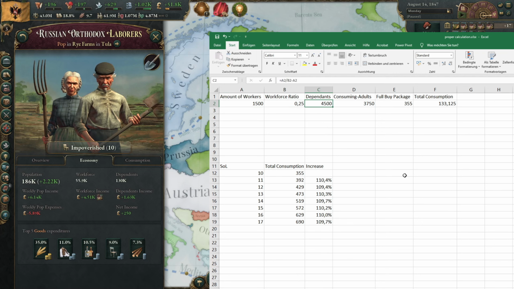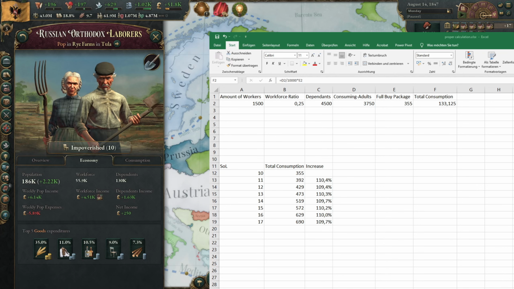Dependents consume only 50%, so the whole pop with 1,500 workers consumes like 3,750 working adults. The full buy package for standard of living 10 for 10,000 working adults is £355. This means that the associated pop at standard of living 10 would consume £133. But 10 coal has a total base price of 300, a lot more.